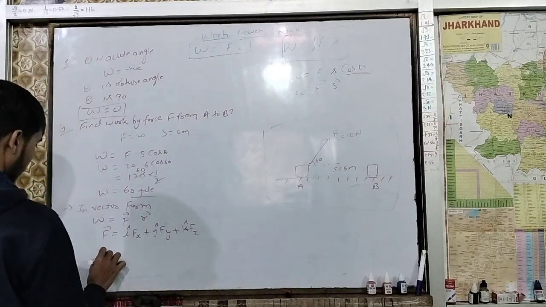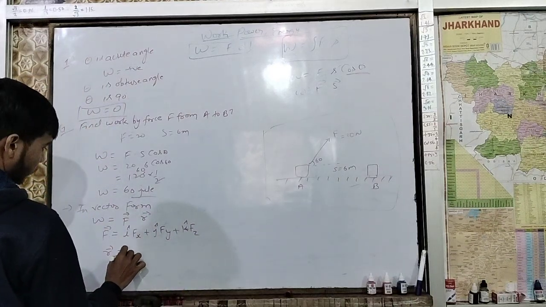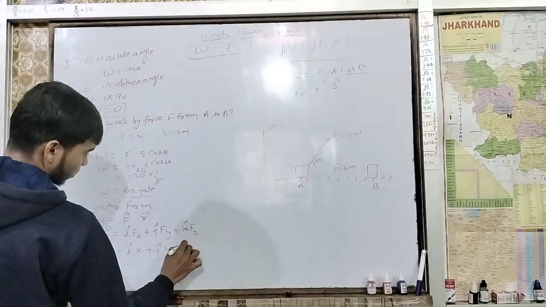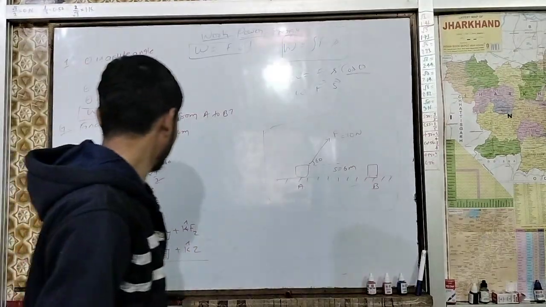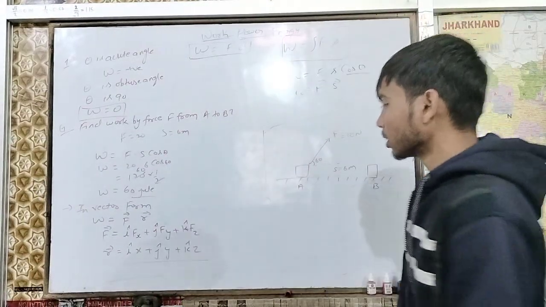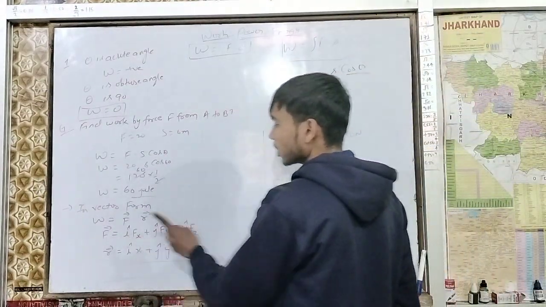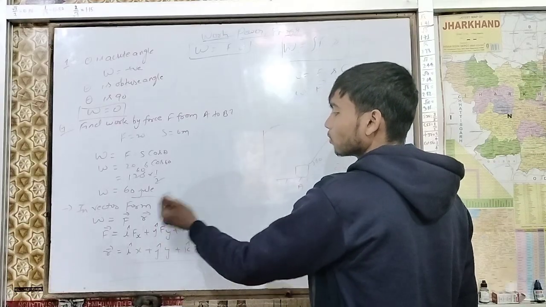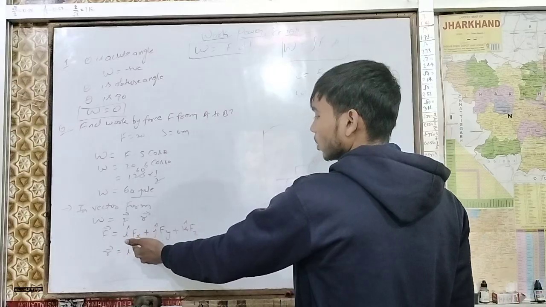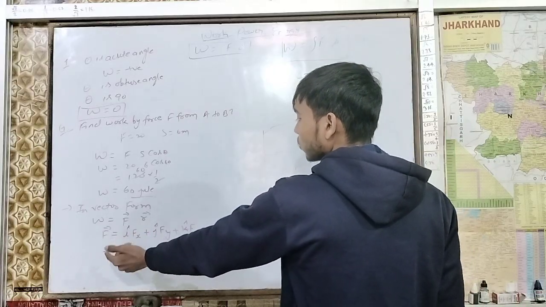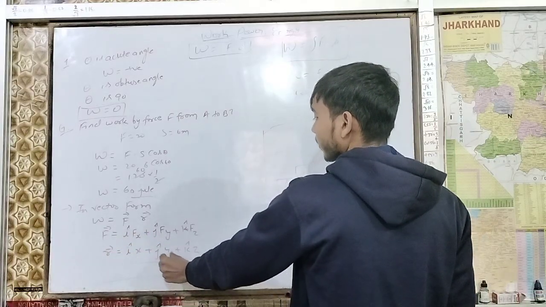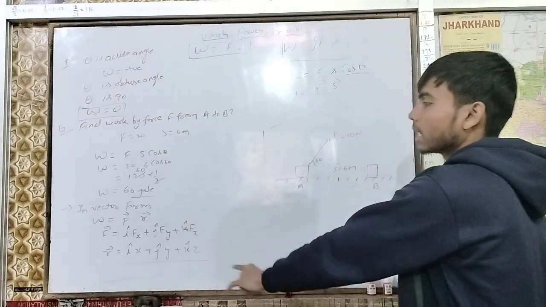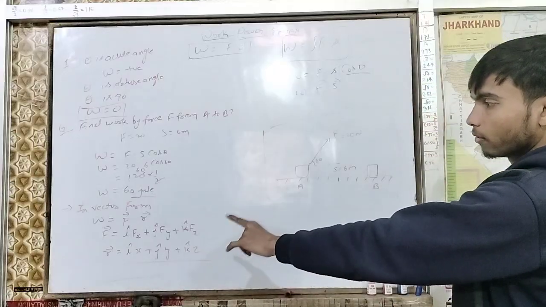When it comes to R, then you can say i cap x plus j cap y plus k cap z. That is how you will write. The x, y and z values of force, and over here the x, y and z values of displacement. This is how you will write in vector form, F vector and R vector.